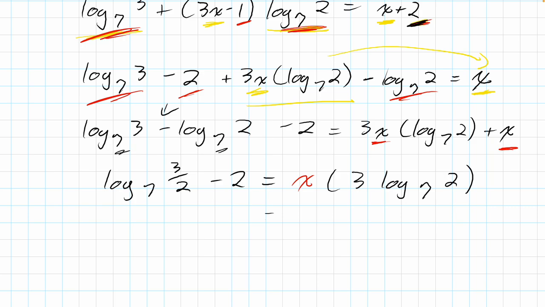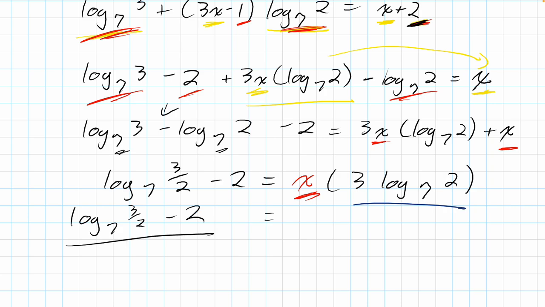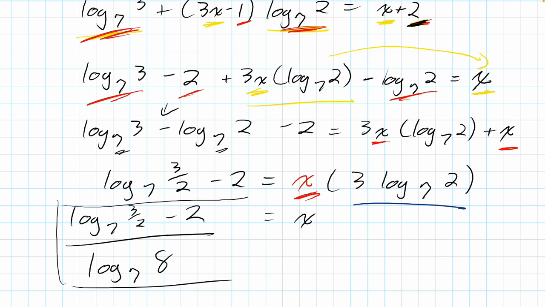I mean, a little bit. We'll leave it as is. The key here is x is now a single term. This is perfect. Now that it's a single term, this can become division. It can go to the other side. And then we get log base 7 of 3 over 2, minus 2, all divided by, I'll put it back as an exponent, log base 7 of 2 to the power of 3, which is 8, so we'll just change that to 8, is equal to x. This is just simply putting into a calculator.